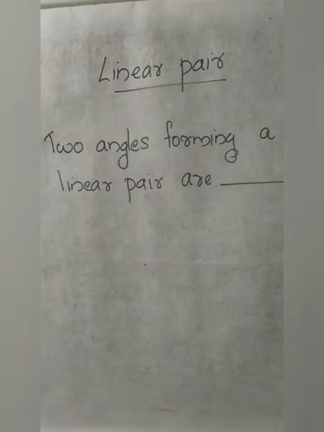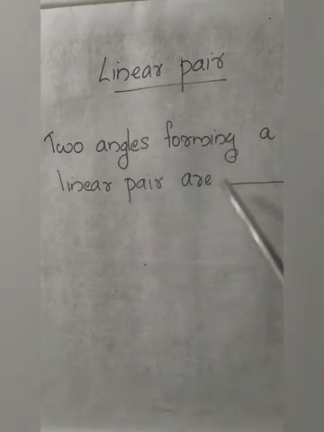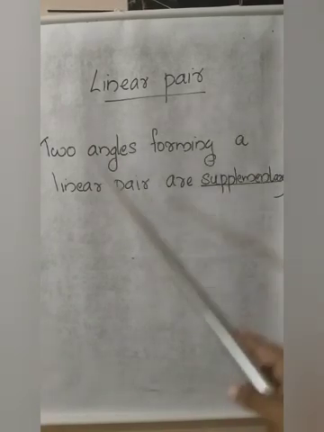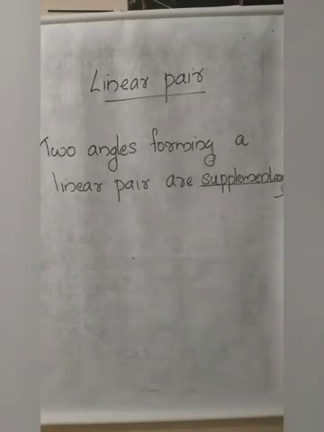Which angle is that? When two angles sum to 180 degrees, what do we call that? Yes, very good. Supplementary. So, two angles forming a linear pair are supplementary. Supplementary means the sum is 180 degrees.